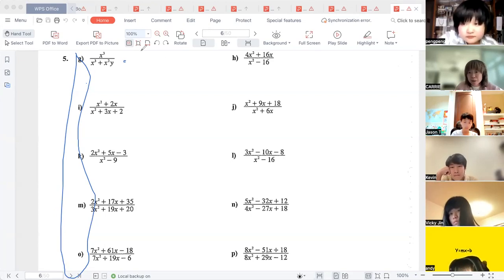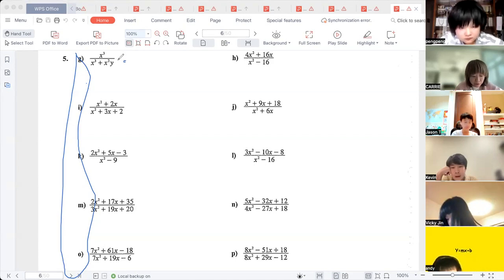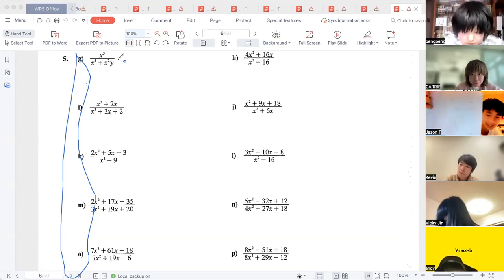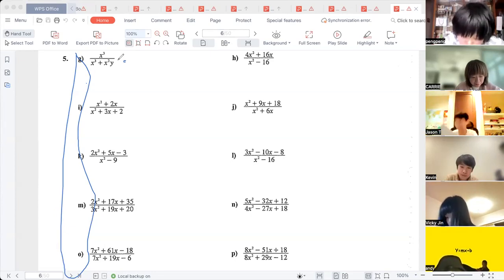Pin Pin, did you send it to me? Other than Andy, Jason, are you sending them? And Kevin, are you sending them? I'll show you my sheet. How can I see clearly like this? I don't want to send this. Pin Pin, did you send it to me? I'm sending. Okay.